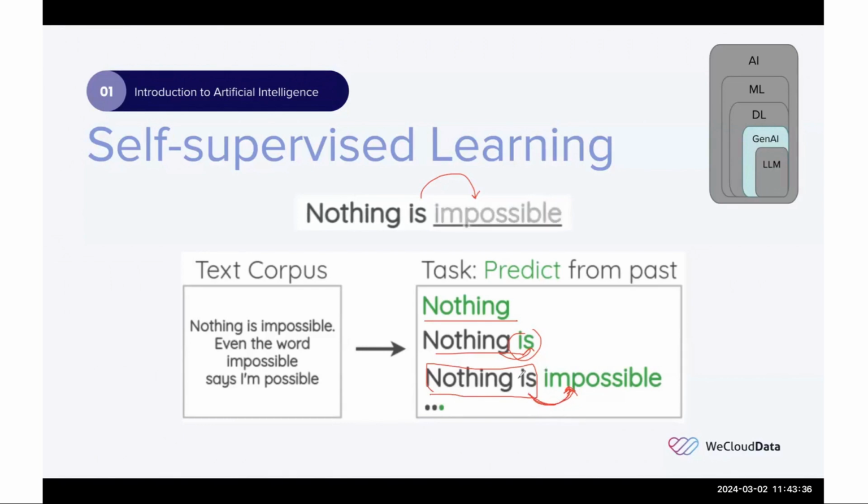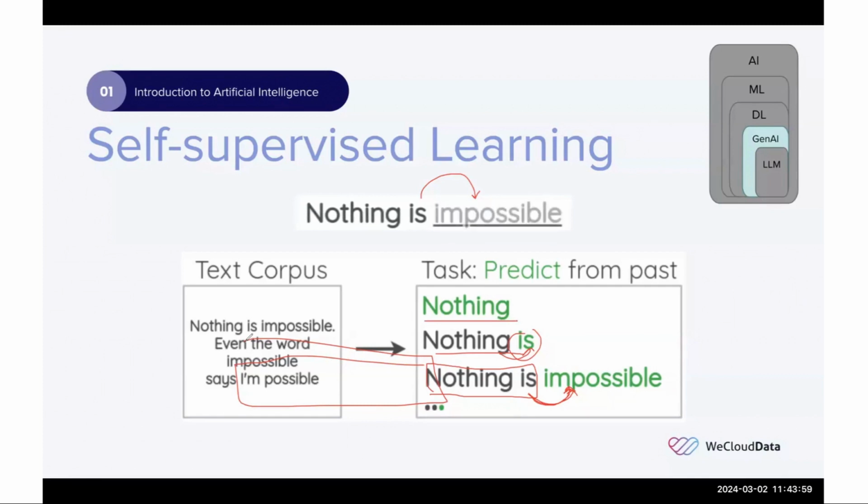Then which one do we prefer? Are we going to pick "nothing is impossible" or "nothing is working"? Well, you need the context. What was the sentence before this? Now we're starting to talk about the context window. That's why when people talk about generative AI and ChatGPT, it's all about the context window, and the new Google Gemini can feed the entire book into its context window.